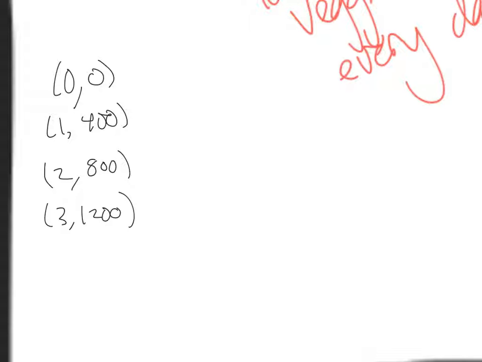So remember that the number you see first represents your x coordinate, and the number you see second represents your y coordinate when you are going to graph these points.